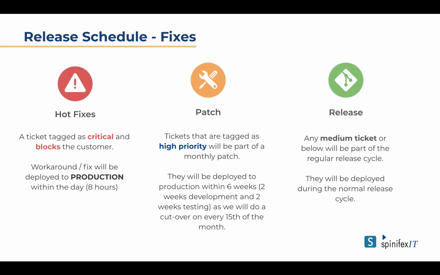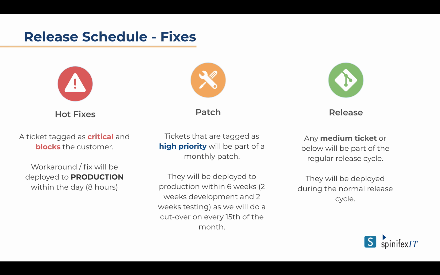In terms of patch, all tickets that are raised and marked as high priority will be part of a monthly patch. Strato will deliver a monthly patch, and usually the maximum time that a ticket will wait in high priority is 6 weeks.